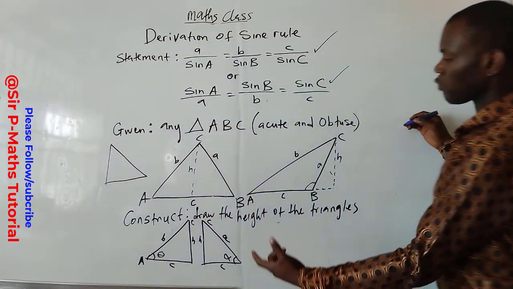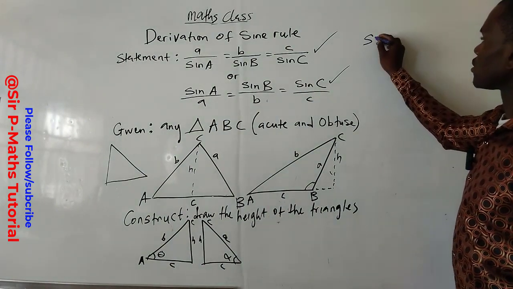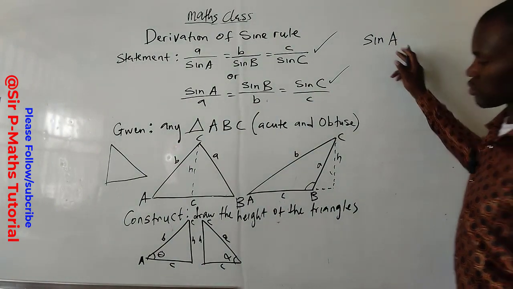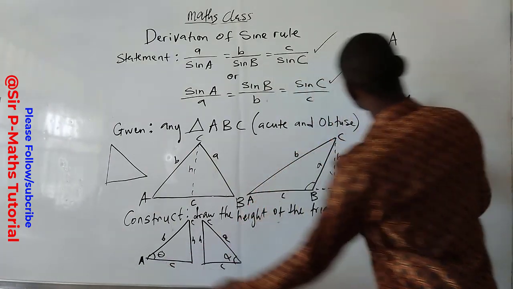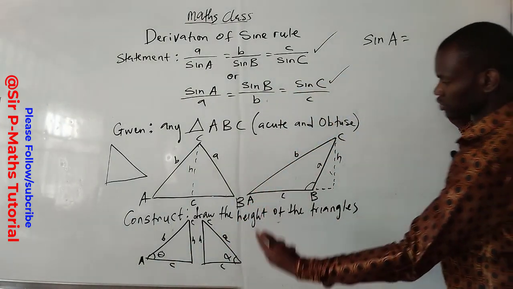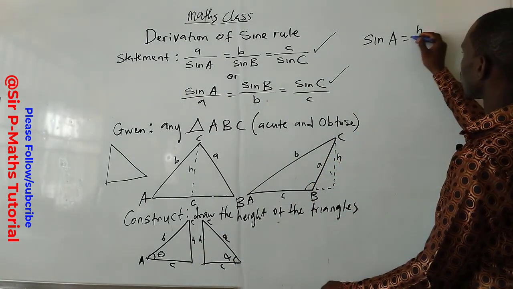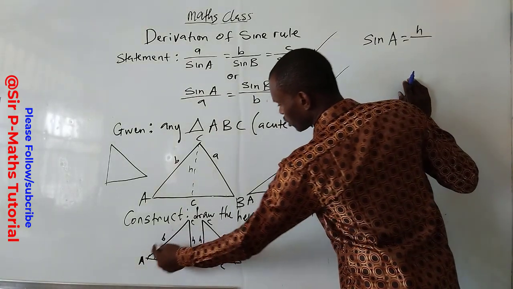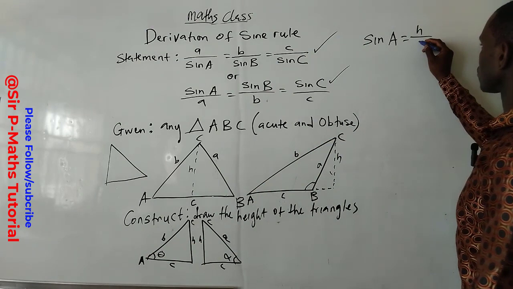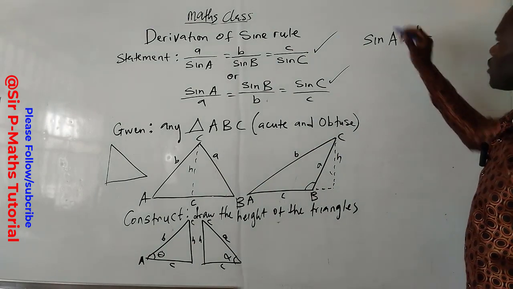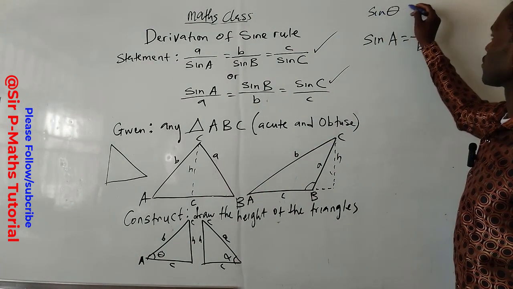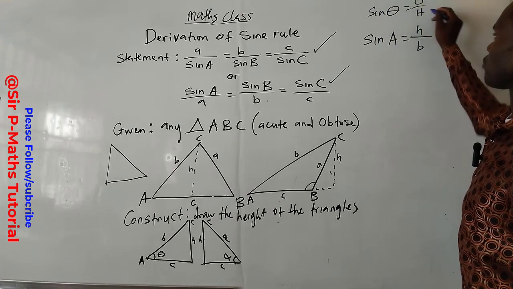Trigonometric identity of sine says sine of the angle here is equal to opposite. Here is the opposite of the angle, h, over the hypotenuse, which is b. Okay, sine theta says opposite over hypotenuse.